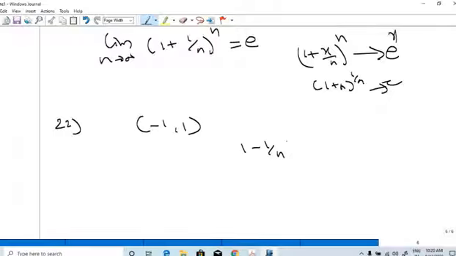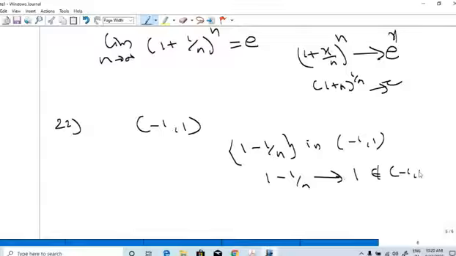This always lies in this interval, right? Therefore, this is a sequence in minus 1, 1. This sequence converges to 1, but 1 is not in the set. But the first option said every limit point should be in the set.